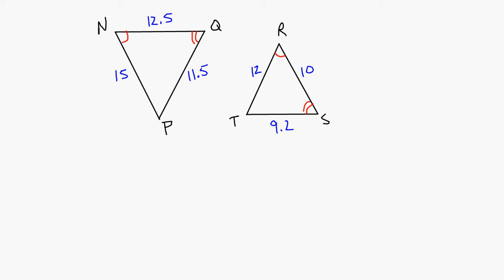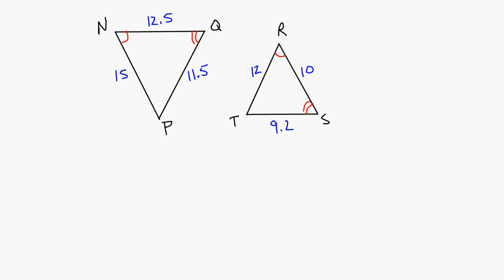So, the first thing about similar polygons is all of the corresponding angles are congruent, right? So, are the angles in the triangle on the left congruent to the angles in the triangle on the right? If two angles in one triangle are congruent to two angles in another triangle, the third angle has to be the same, doesn't it?